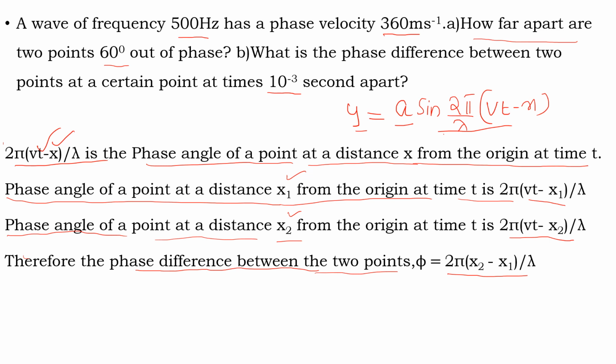Therefore, the phase difference between the 2 points x1 and x2 is 2 pi by lambda into vt minus x1 minus 2 pi by lambda into vt minus x2. This is the phase difference between the 2 points x1 and x2. Here the 2 pi by lambda into vt minus x1 minus 2 pi by lambda into vt minus x2.